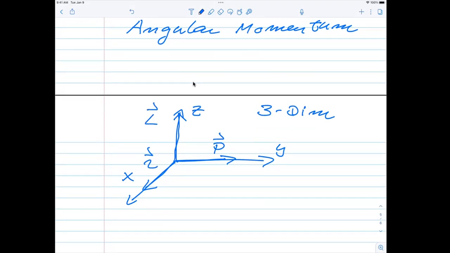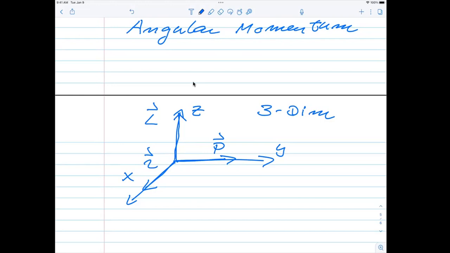So what happens then is that when you have a velocity and a position for your system, and this frame is rotating, the angular momentum is a vector which stands on top of the plane which is spanned by position and the linear momentum.